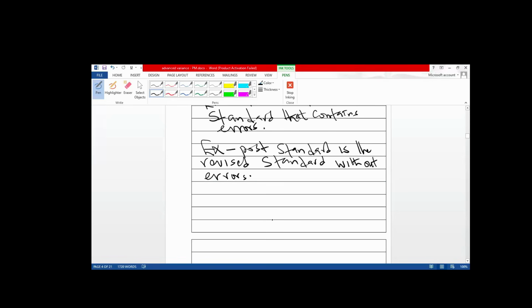We now have operational variance. Operational variance compares ex post standard and actual results.